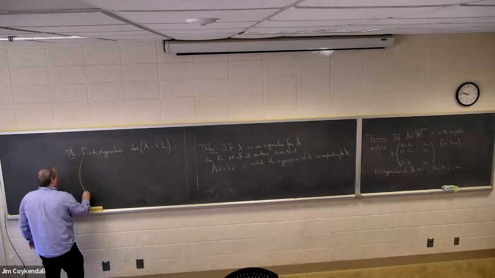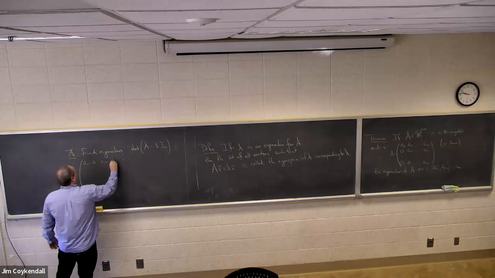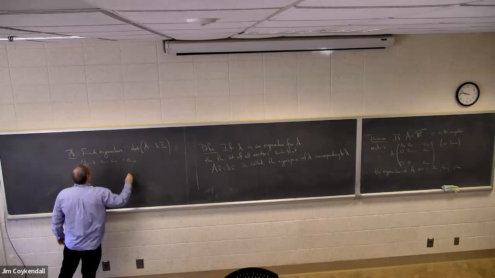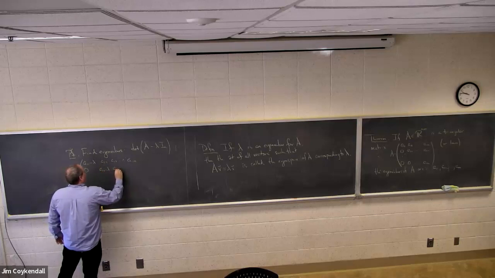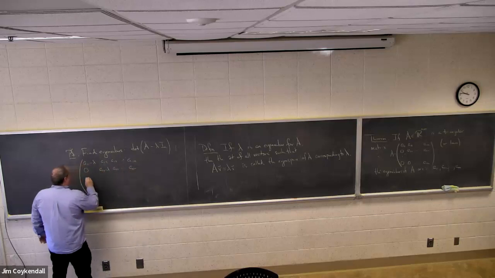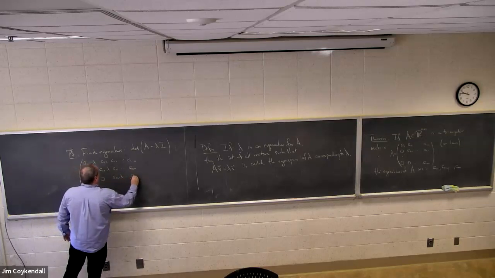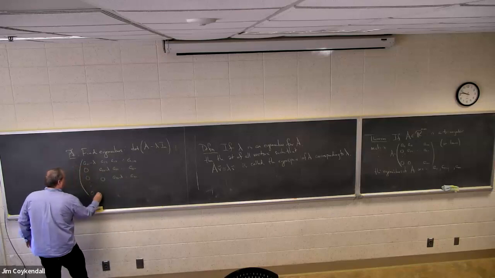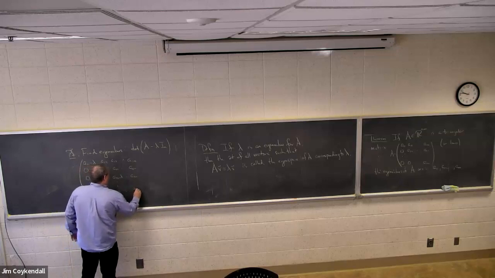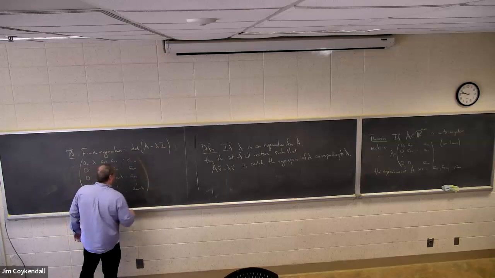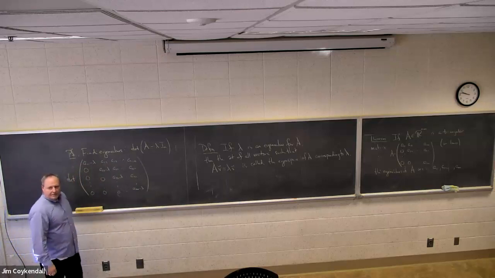So that matrix would be A11 minus lambda, A12, A13, up to A1n, then 0, A22 minus lambda, A23, up to A2n, then 0, 0, A33 minus lambda, A3n, and so on, down to A_nn minus lambda. Well, I'll take the determinant of this.